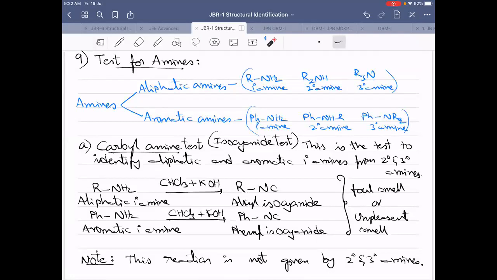It is to identify amine, na? Other functional groups can be there. They will not interfere.